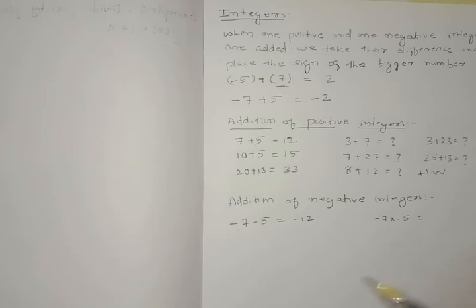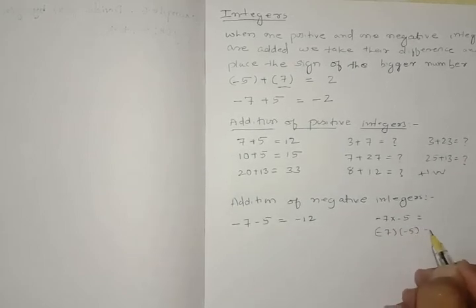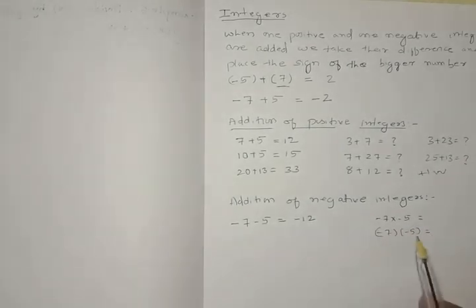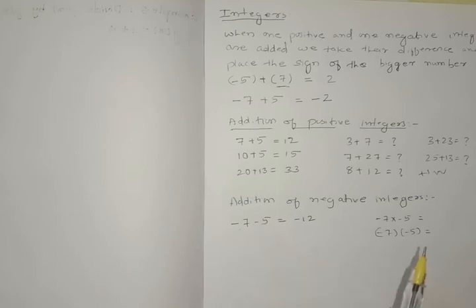That we will see in further classes, not in this class. Or if minus 7 and minus 5 is in brackets, you have to multiply it. But here you can see there is no multiplication sign in between.